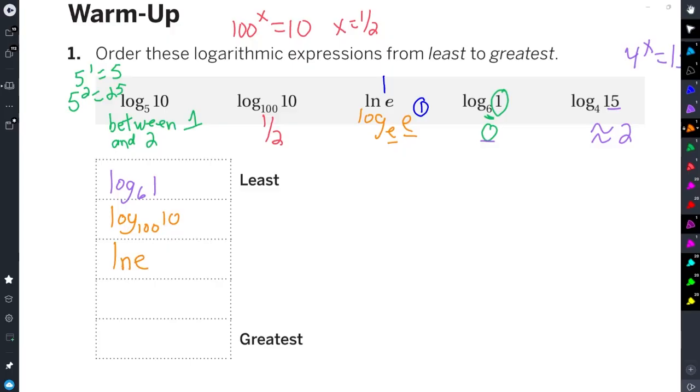The ln of e is equal to 1. And then we have log base 5 of 10. And then finally, log base 4 of 15. So I didn't have to use the calculator for any of these. I estimated them. For the ones I didn't know for sure, I got a close approximation, and that allowed me to put these in order from least to greatest.